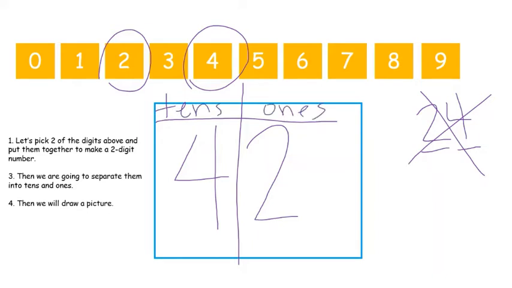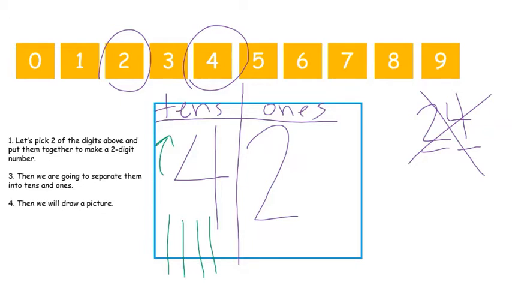Now I want to draw a picture. This tells me that I have 4 groups of 10. So remember, I just said we are going to just draw our groups of 10 by doing one long line. So we're going to do 4 groups of 10. 1, 2, 3, 4. If I were to count that by tens, it would be 10, 20, 30, 40.